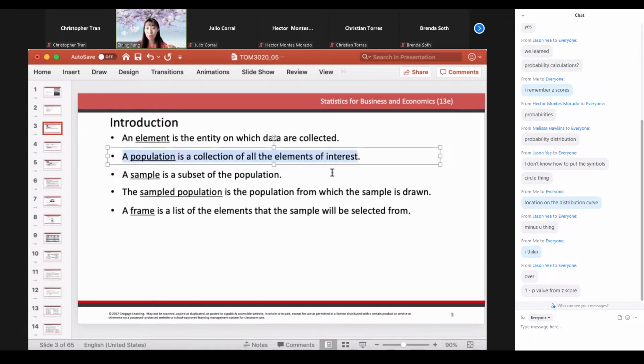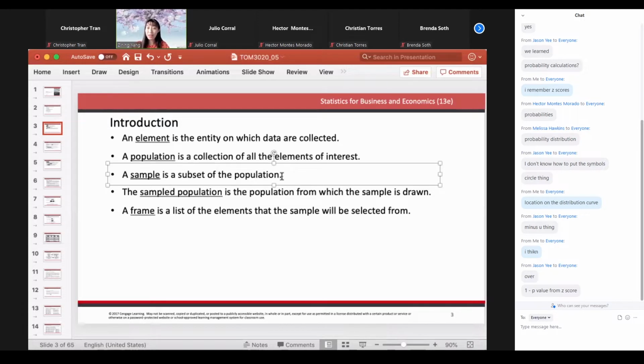As a review, a population is a collection of all the elements. It may be all the students in the business school, that's thousands of students, while a sample is a subset of a population. So this class is a subset of that population.